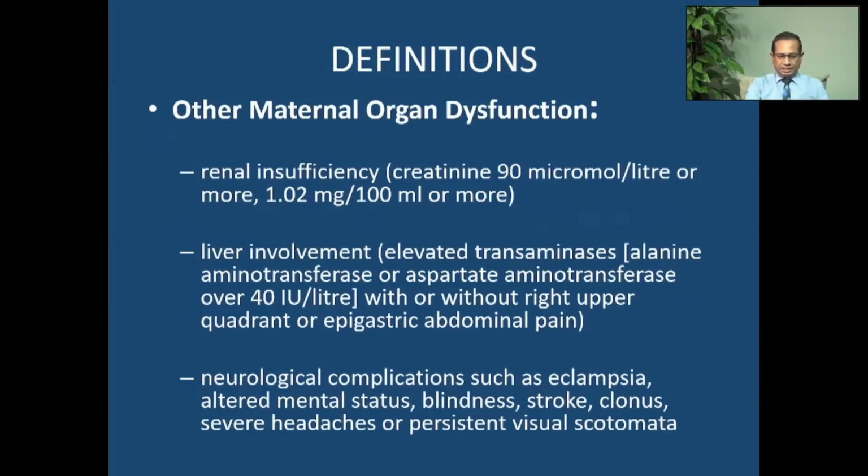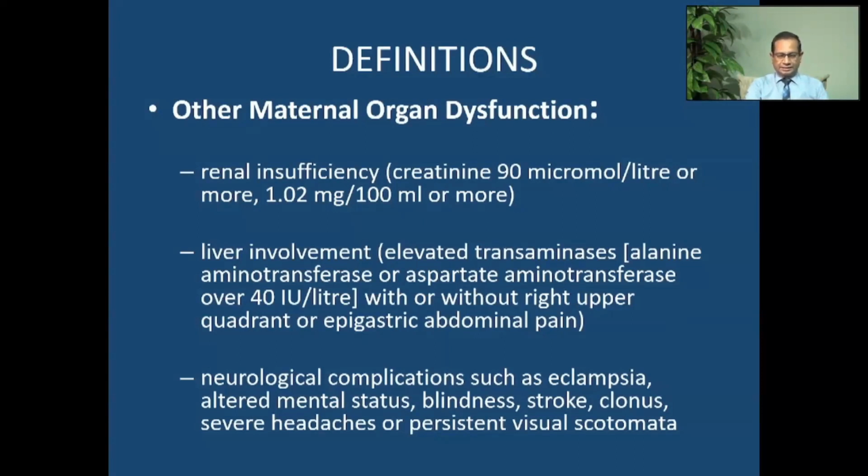And it should be associated with other maternal organ dysfunction. Those are renal insufficiency, that is creatinine of 90 micromoles per liter or more, or if you are using milligrams, it's 1.02 milligrams per 100 ml or more. Liver involvement, that is elevated AST and ALT of 40 with or without right upper quadrant or epigastric abdominal pain.